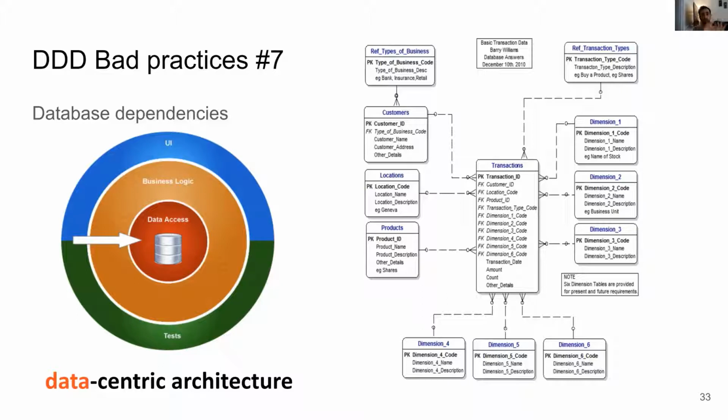And then we continue using the same data schema in our user interface. So everything is coupled with our database schema. It means that if, for example, you have a column which is an integer, and you want to change the type to varchar, a string, you should make the same change in your domain and then in your user interface, even in your tests. And that's not the type of architecture that fits DDD.